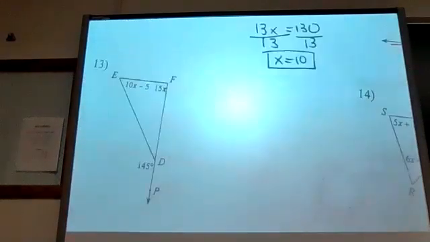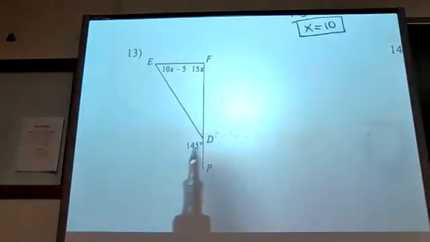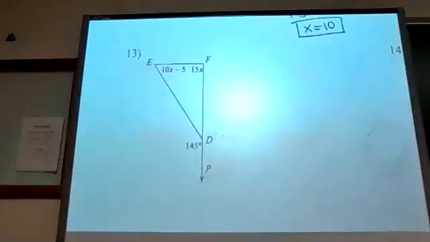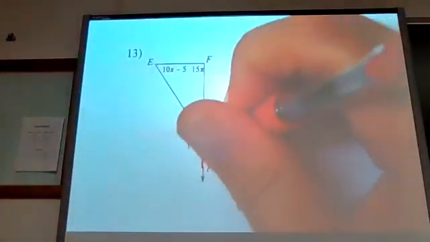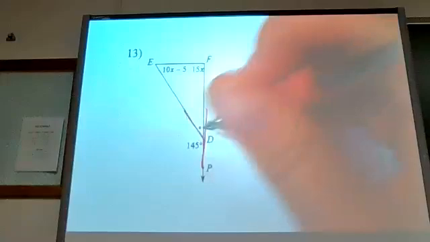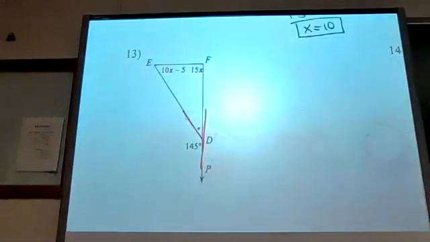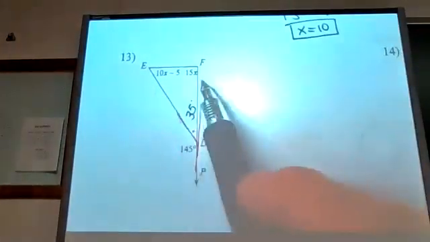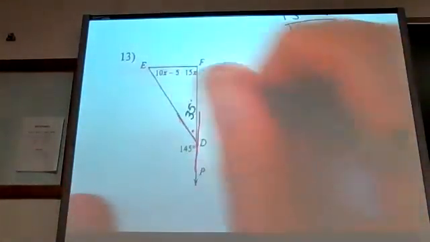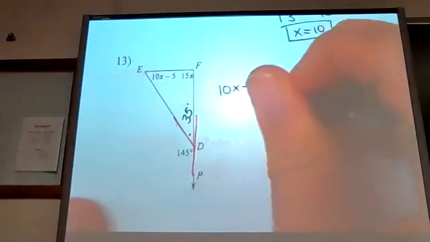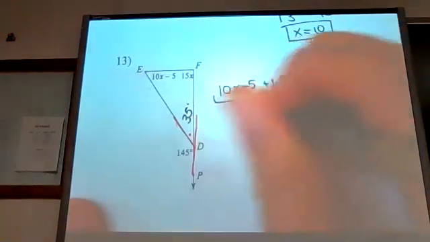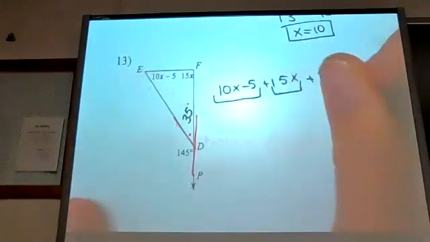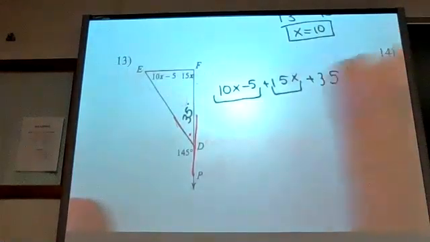Working through what I have on 13, this time it gives me an angle outside. So if this is 145, the linear pair here would tell me that this inside angle would be 35. Now on this one, I have x in two of my angles. So you may just go from here saying that the first angle plus the second angle, so angle 1 plus angle 2 plus angle 3 has to add up to 180.